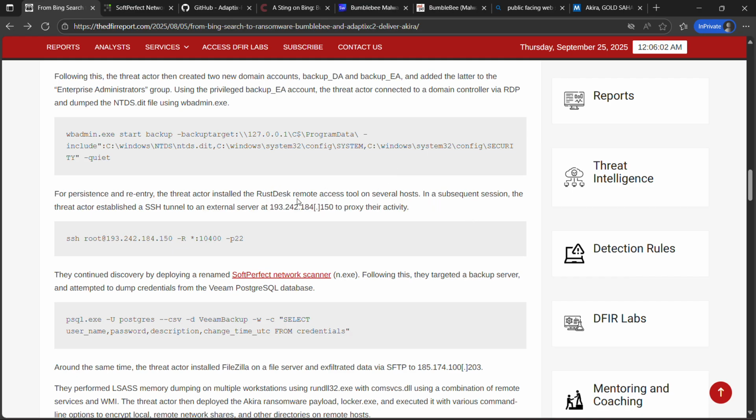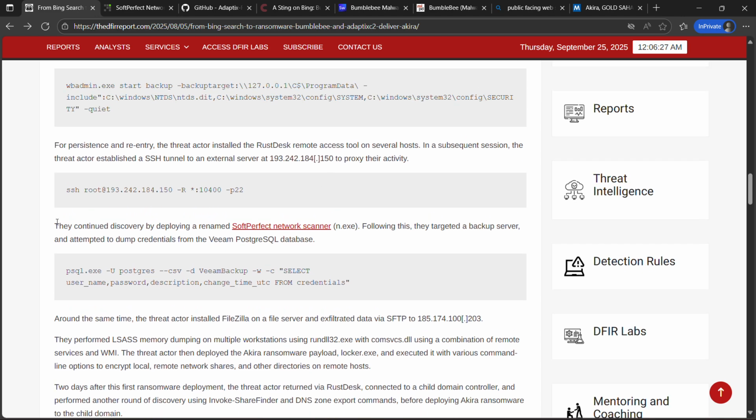So basically, they used RustDesk to have remote access. Basically, it's like a backdoor, right? For persistence and reentry, they installed remote tools to regain access. Yep.